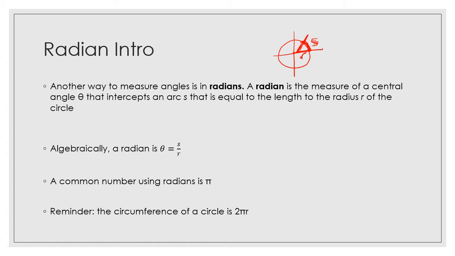Algebraically, theta is my central angle, so that's going to be this angle right here. A radian is theta equals my arc length over my radius. This is going to be important for the next section when we get a little bit more into arc length exactly. But that is the algebraic definition of a radian. And again, a common number using radians is pi, and then just that other reminder about what circumference is as well.